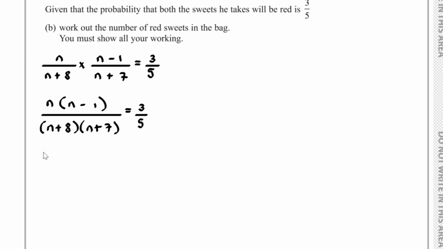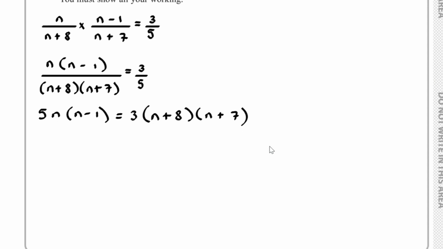So I've got 5 multiplied by n times n minus 1 equals 3 multiplied by n plus 8 multiplied by n plus 7. 5n squared minus 5n equals 3 multiplied by n squared plus 15n plus 56.